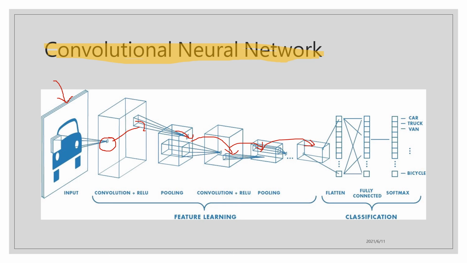Then we link those abstract forms into a vector and match it with the labels, the classifications. This is how deep learning runs inside our computer vision.